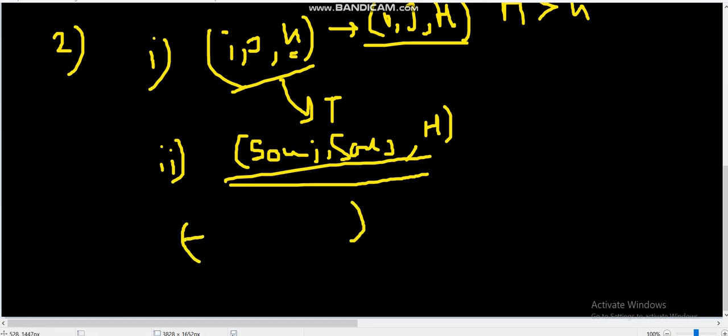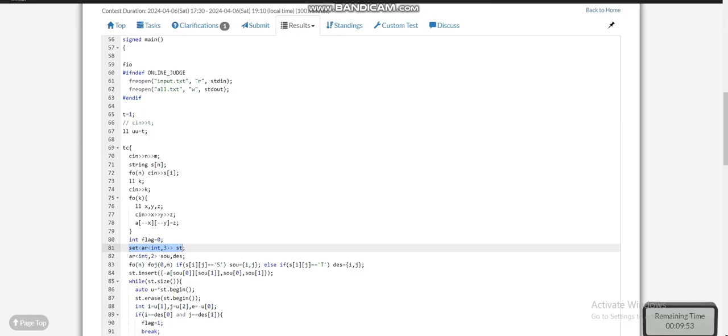The first one is minus of health, and the second and third are index i and j. Why are we taking minus of h? We can use h also, but then we have to take the last element of the set. But when we take minus of h, we can take the first element of the set, and we will get the cell with maximum health. I hope you get what I am trying to say.